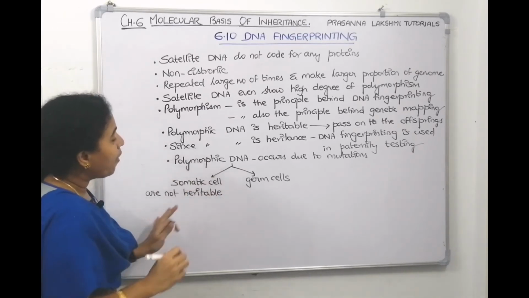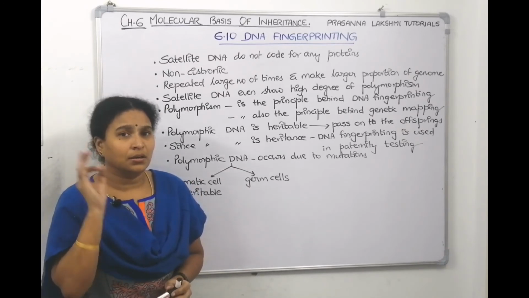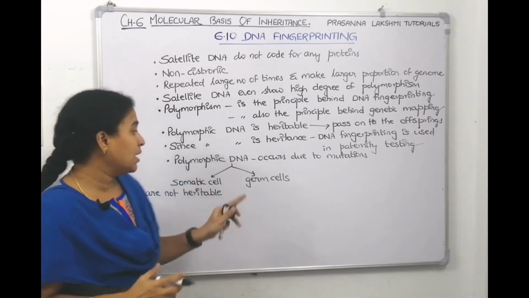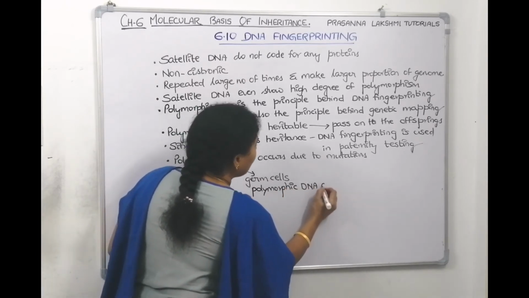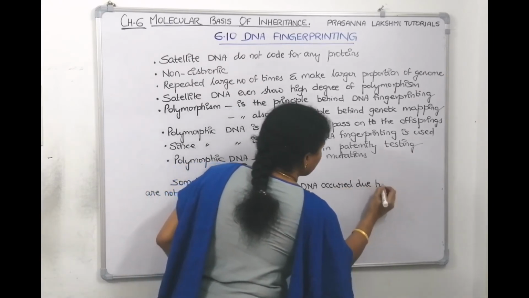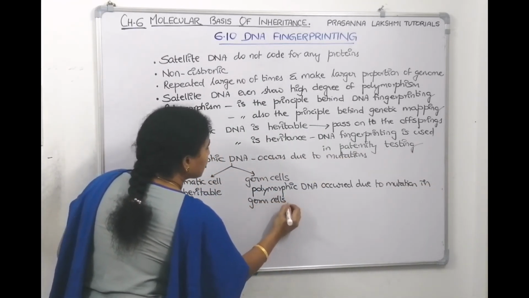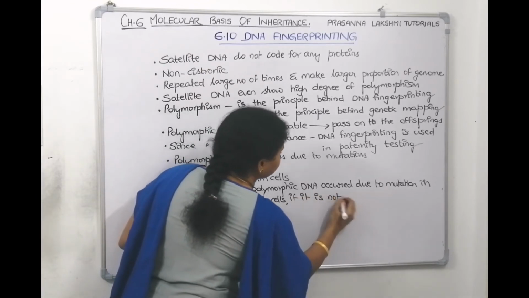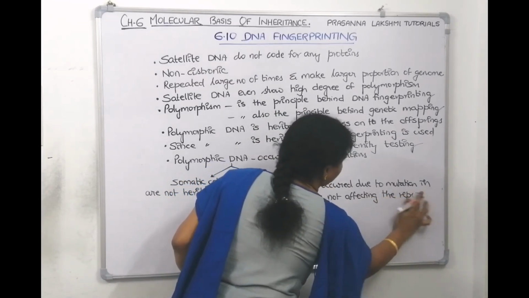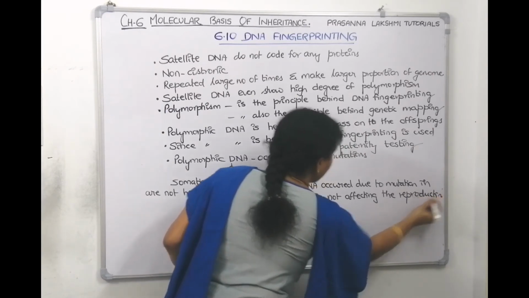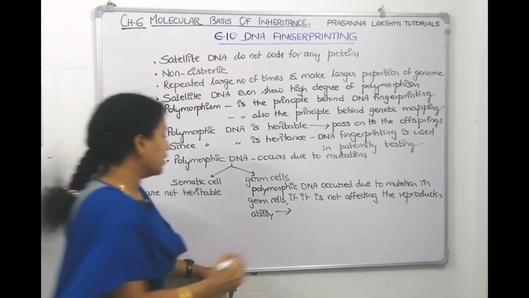Whereas polymorphic DNA formed by mutation in the germ cells, if it is not affecting the reproductive ability, if it is not that serious, then it will be passed on to the generations.